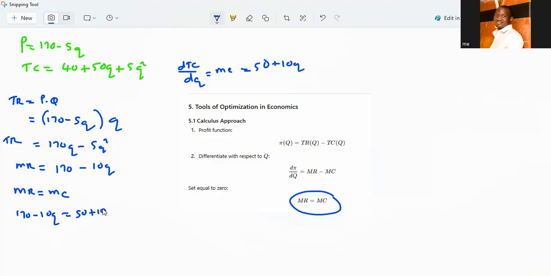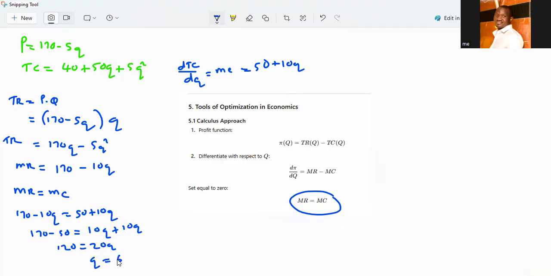So put the like terms together. 170 minus 50 is 120. 10Q plus 10Q is 20Q. So when we equate this, we're going to have 120 is equal to 20Q. So we divide both sides by 20. So we're going to have our Q is equal to 6.